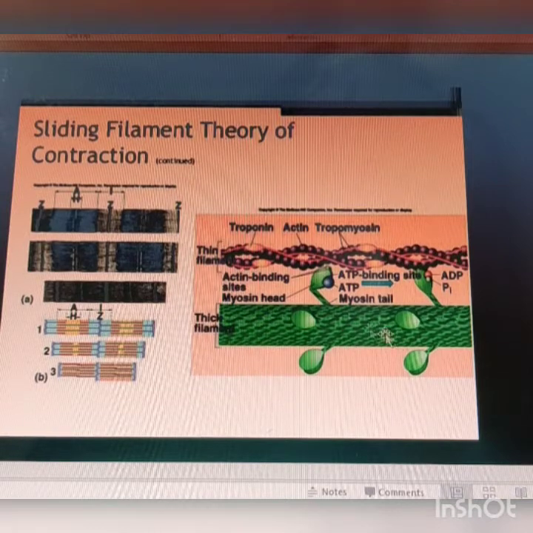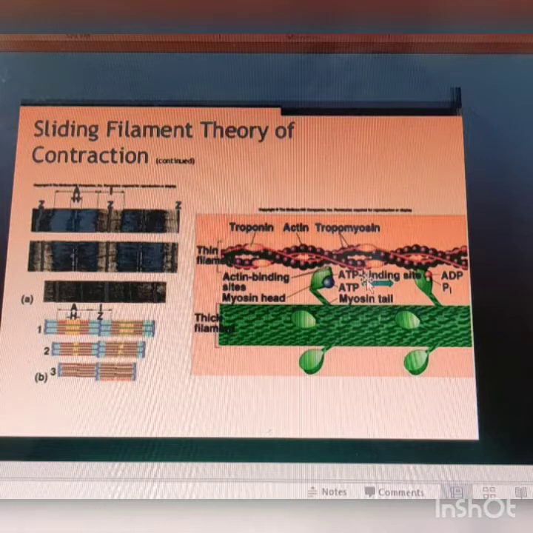This is the thick filament, and troponin is attached to the thin filament, and there is a conversion of ATP to ADP plus phosphate.